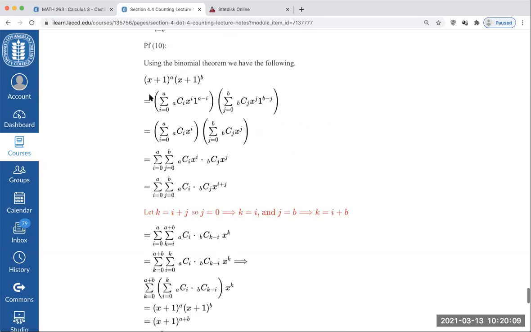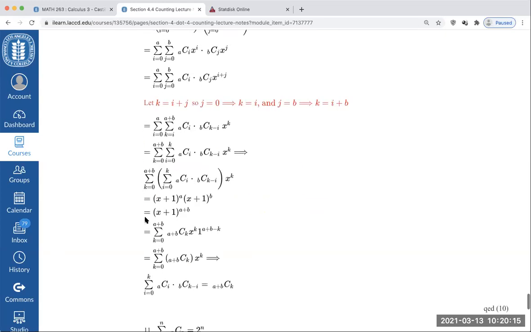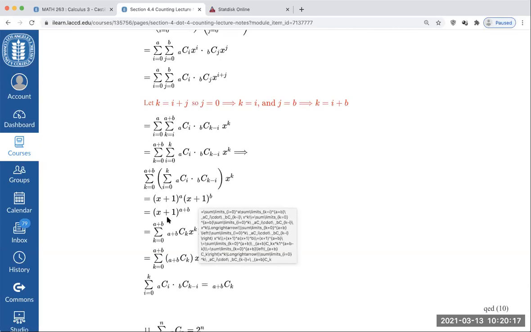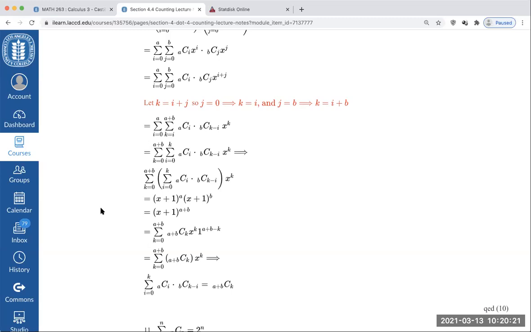since these are equal, I can just say this is equal to this, by the properties of exponents. If I have the same base, I can just add exponents and keep the same base.